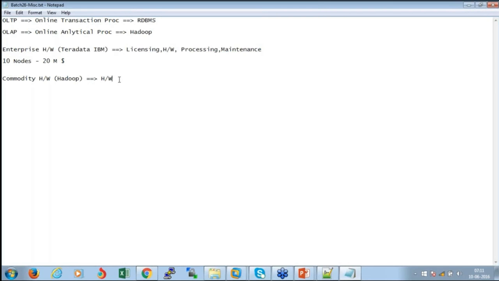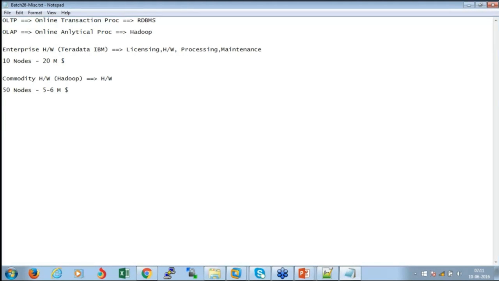Now, let me make it a 50 node cluster of Hadoop. It's still costing me somewhere around $5 to $6 million for 50 nodes. There you go. That's the difference you should observe.